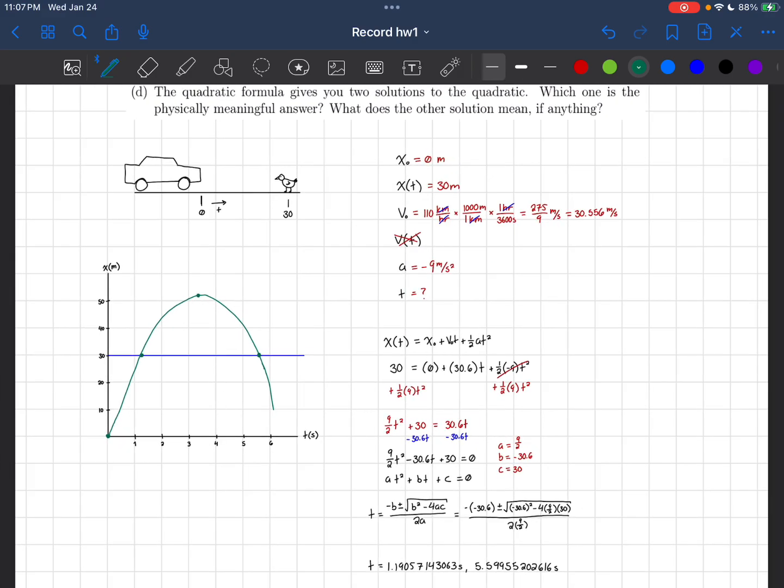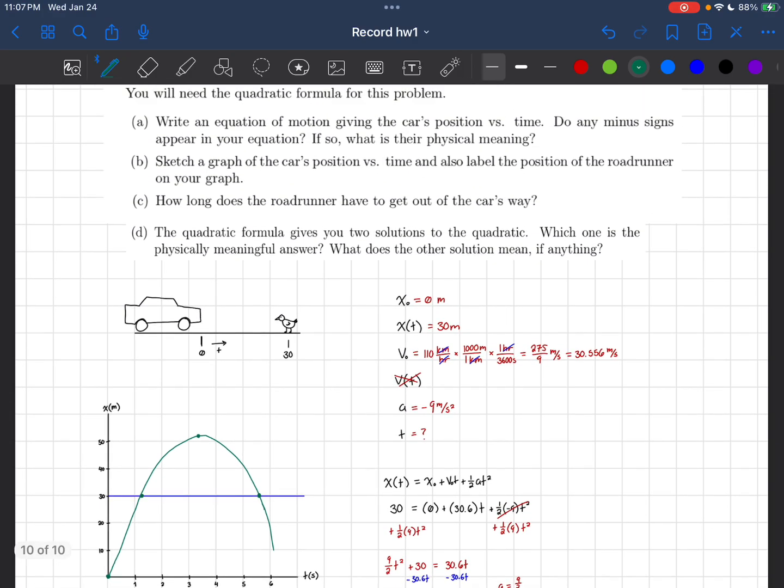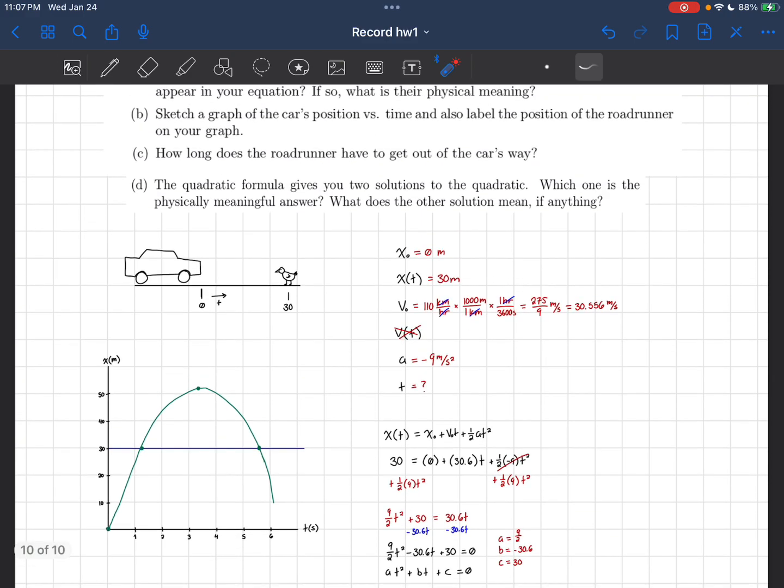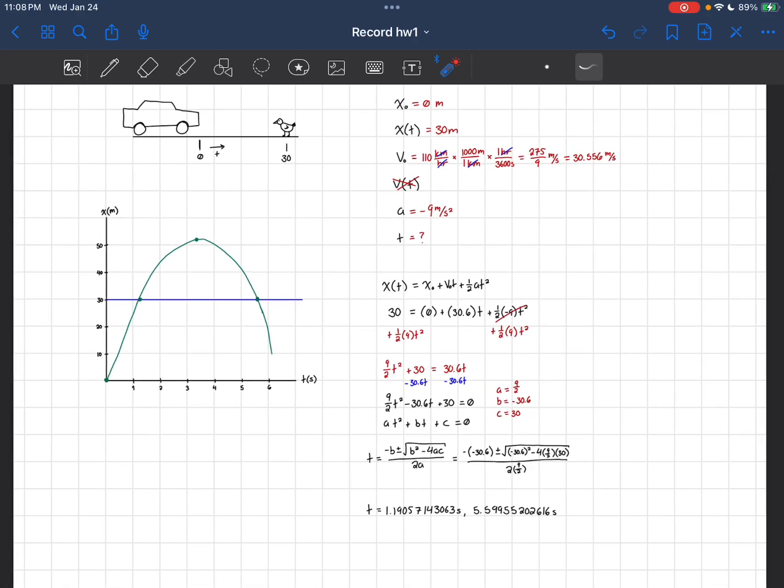Okay. So, how long does the Roadrunner have to get out of the car's way? We solved for our 2 times where the car crosses where the Roadrunner is. But part D tells us that only one of those is physically meaningful. All right?